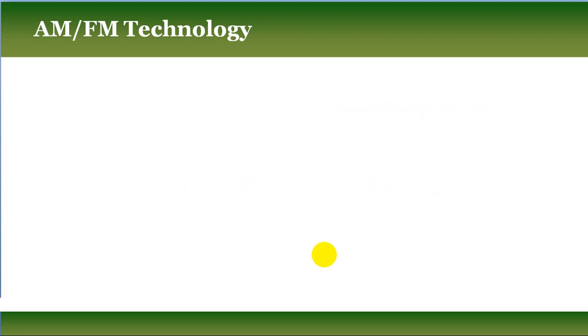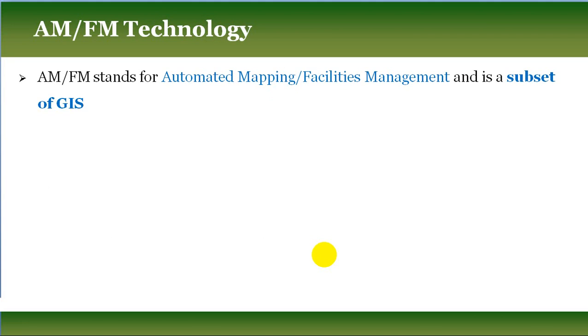Then comes automated mapping and facility management technology. It is basically a subset of GIS. That means it is a lower order GIS, because GIS is a vast thing. GIS can be implemented in different application areas, and their subset portion is AM/FM technology. Why? Because this is only applicable for facility management purposes, not for other application areas.